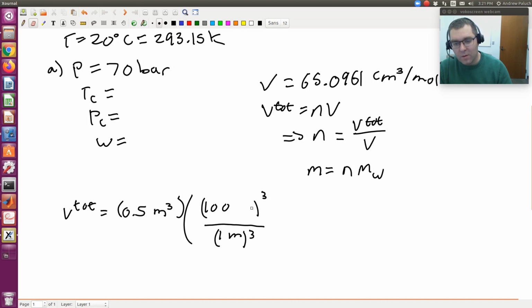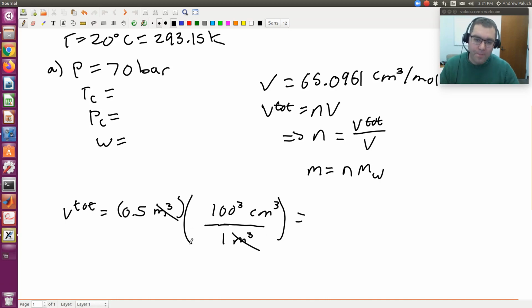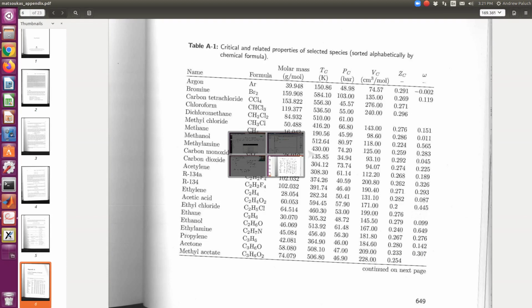Or to make it a little more compact, I have 100 centimeters cubed per 1 cubic meter. That'll allow me to convert V total to centimeters cubed.